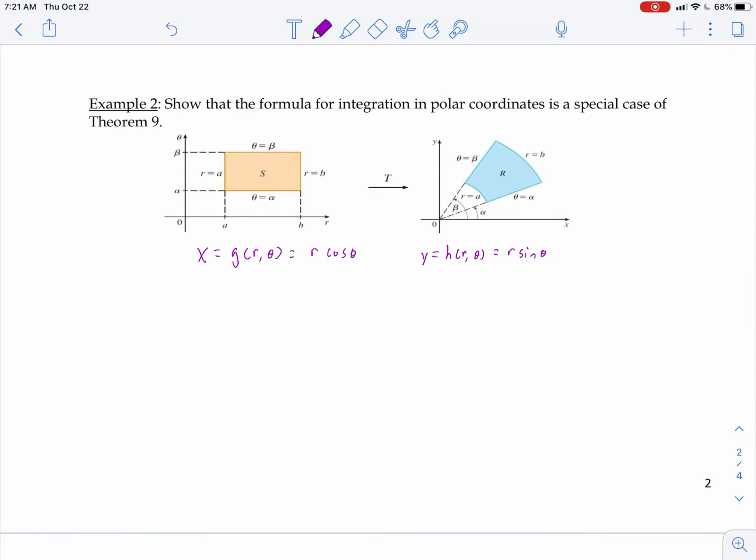So to write our double integral, I'm going to put theta on the outside because I know it's r dr d theta. Theta is between alpha and beta, so that goes on the outside, and the inside integral has r going from a to b.